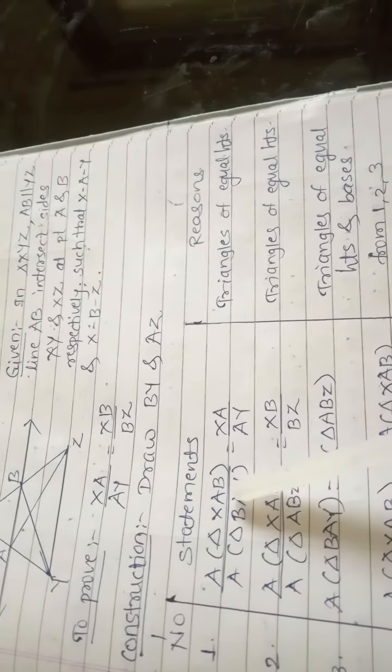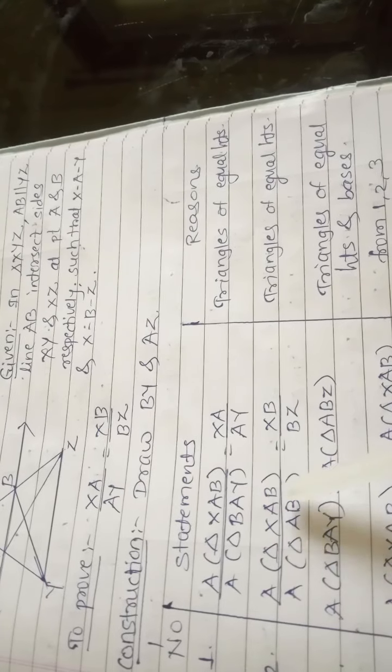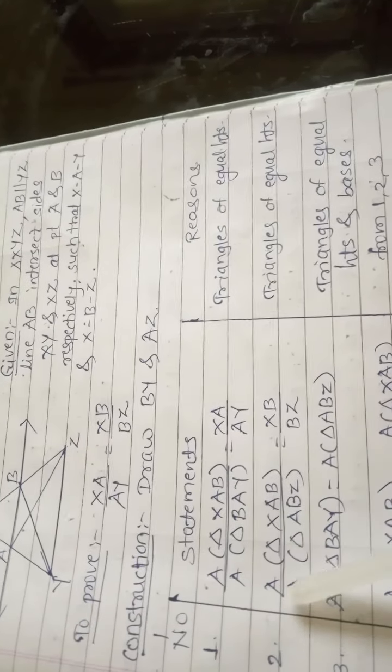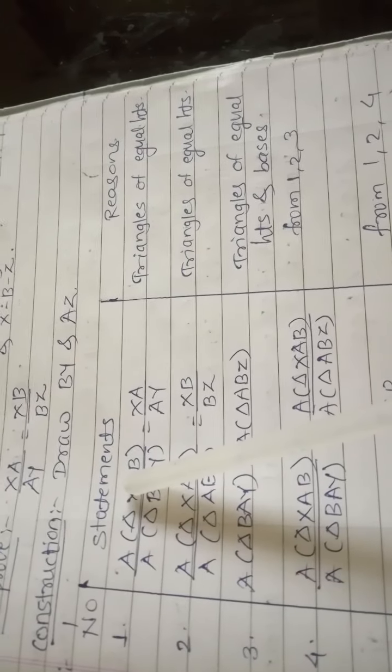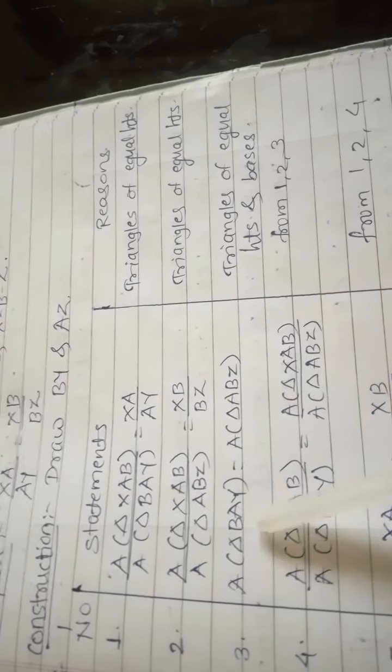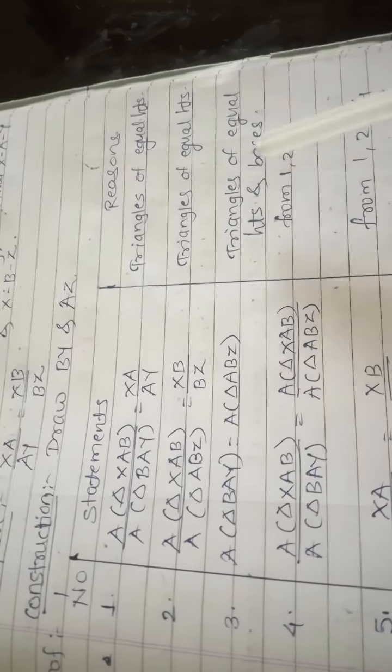So these denominators also become equal, meaning the left sides of statements 1 and 2 are equal. So the fourth statement, that is this part is equal to this part, since we proved that these two triangles have equal areas. And the reason for this is statements number 1, 2 and 3.